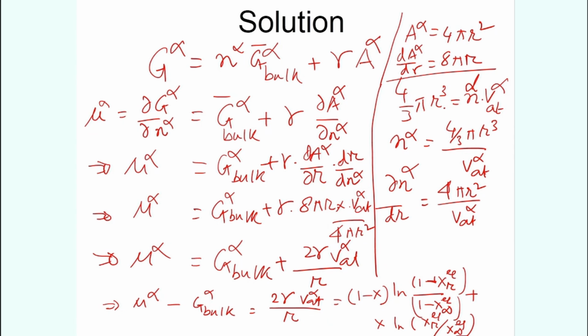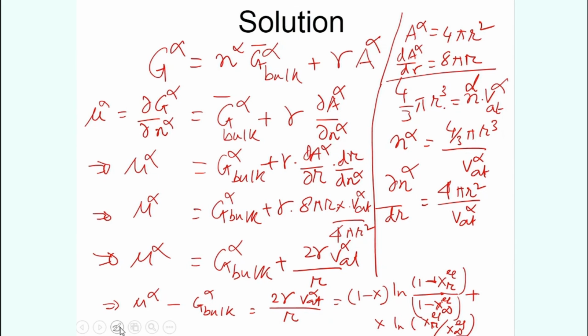That is equal to x, 1 minus x multiplied by log of the surface composition with a particle size r, at thermodynamic equilibrium obviously, otherwise everything will be invalidated, divided by 1 minus x equilibrium infinity. This is for the bulk. So surface with respect to the bulk, that is what we are doing here. And then plus x log of x r equilibrium by x. This is nothing but an entropic term because of the variation in the composition of the surface and the bulk.